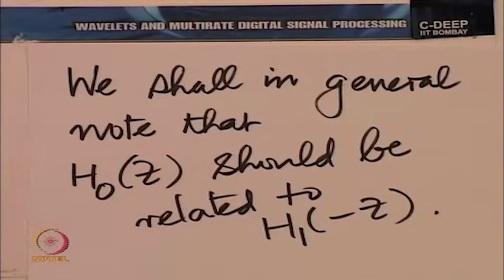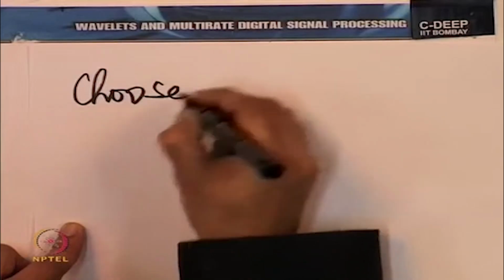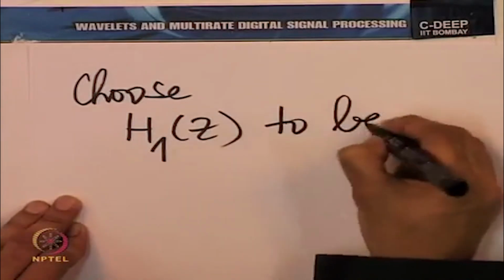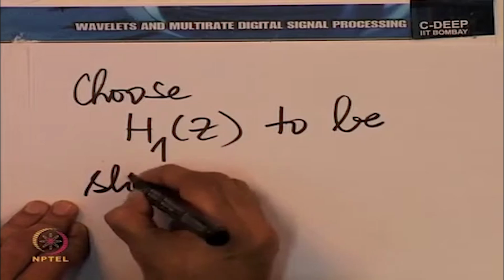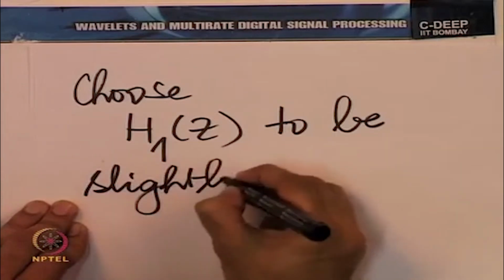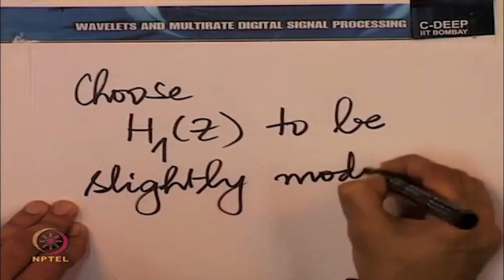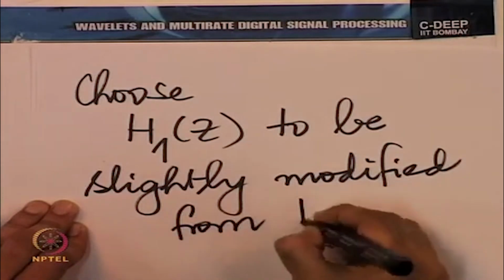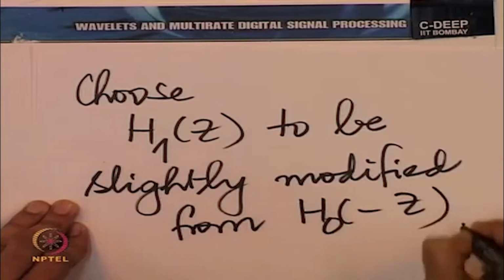The other way of saying it is that if you replace z by minus z in H 0, you should get the H 1. So, what we are saying is choose H 1 to be derived from or slightly modified from H 0 of minus z.